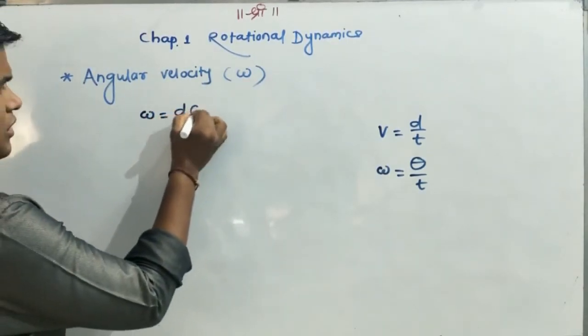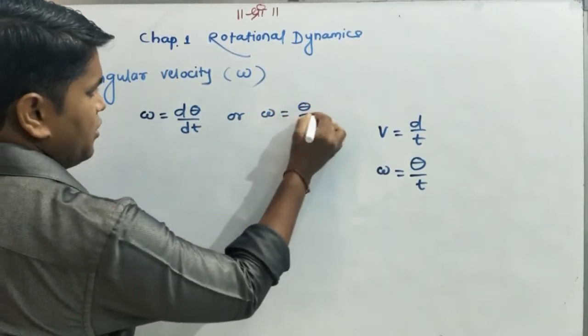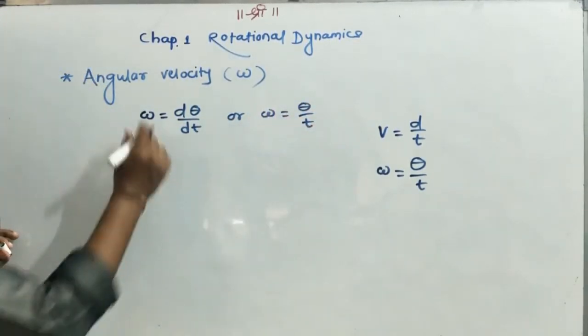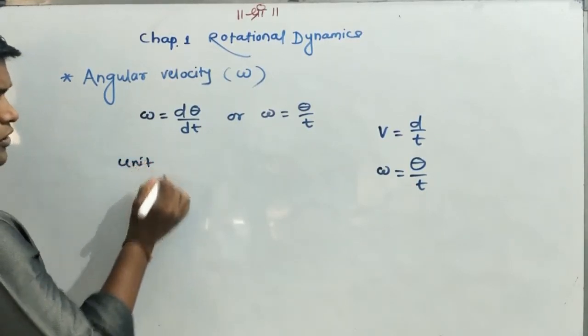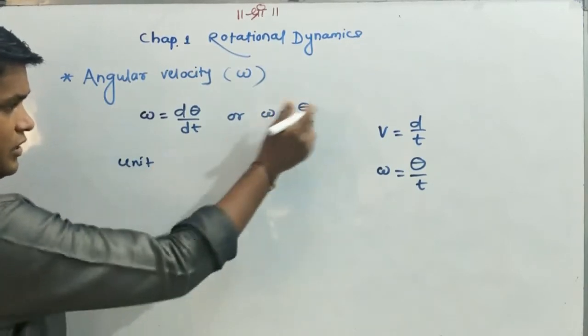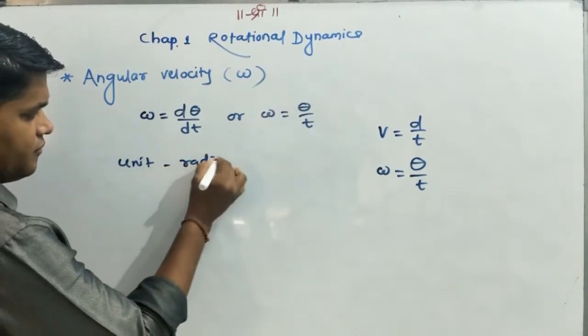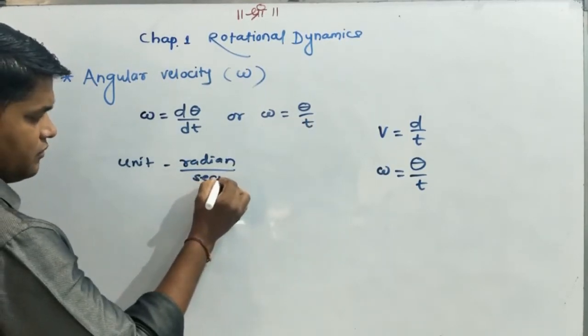So omega is d theta upon dt, or we can say omega is equal to theta upon t. Its unit: theta has unit radian and time has unit second.